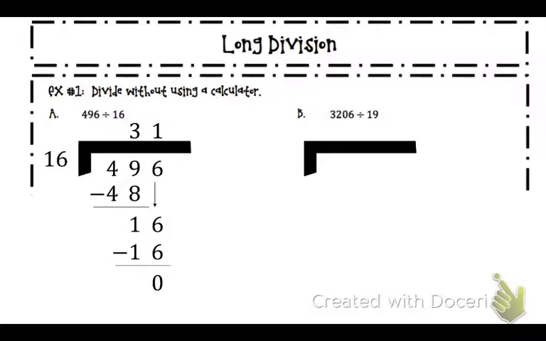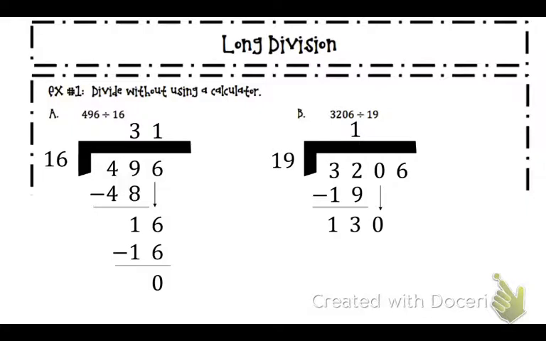Okay, let's look at B. We have 3,206 divided by 19. So we see how many times 19 goes into 32. It goes in once. 1 times 19 is 19. You subtract. You're left with 13. Bring down the 0. How many times does 19 go into 130? It's 6 times. 6 times 19 is 114.